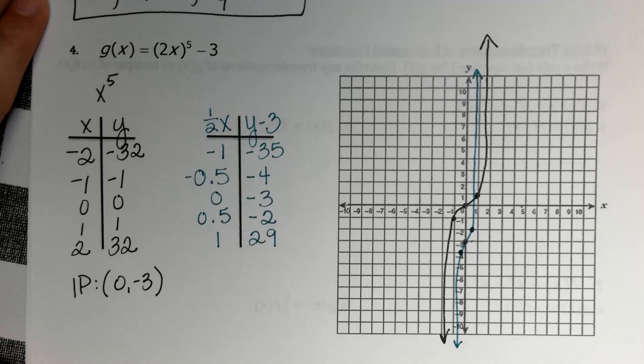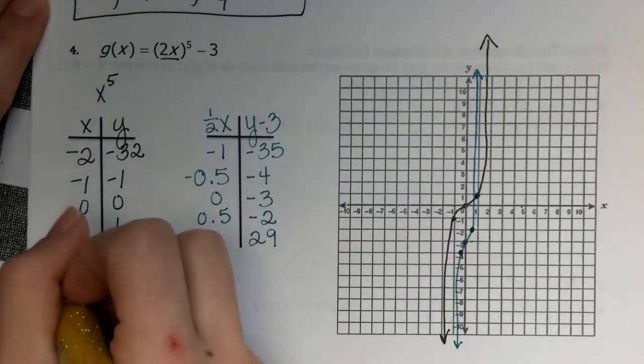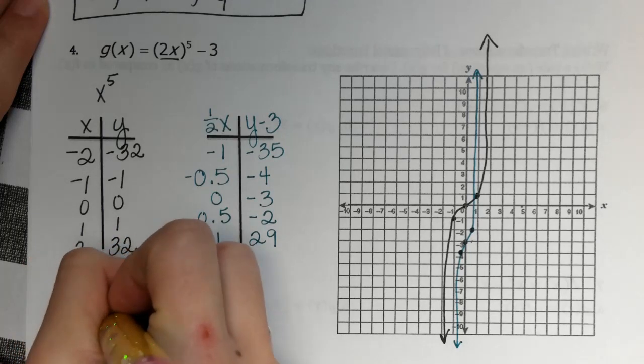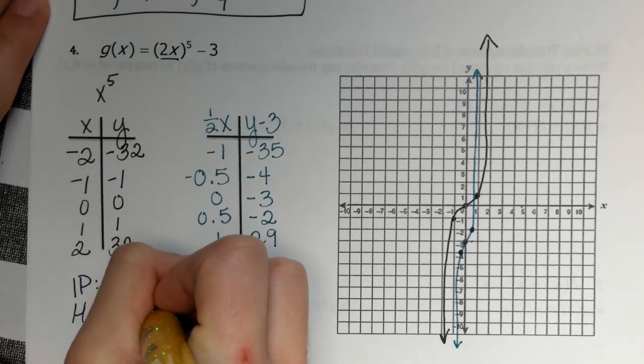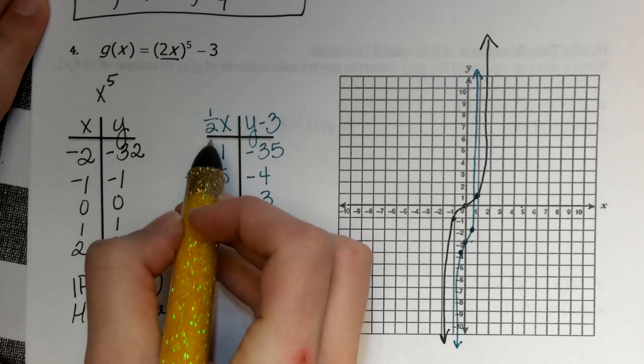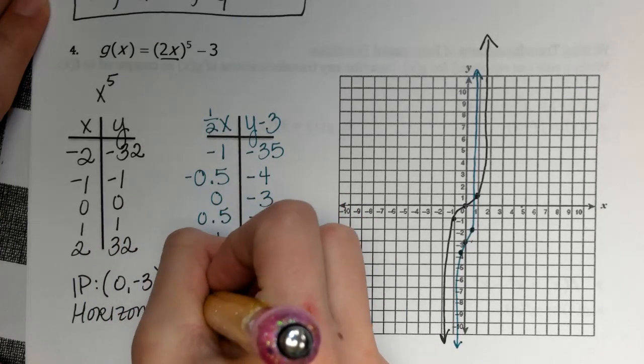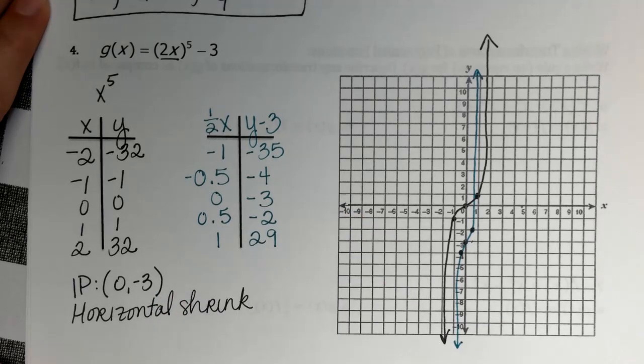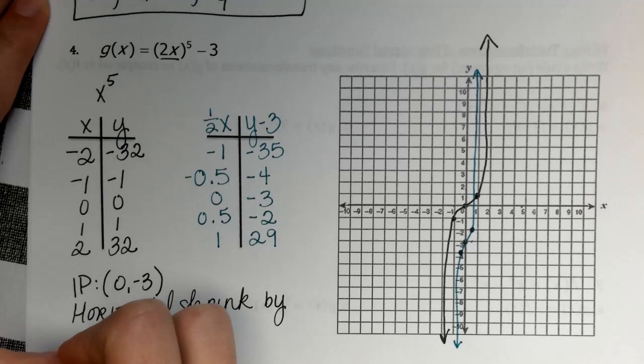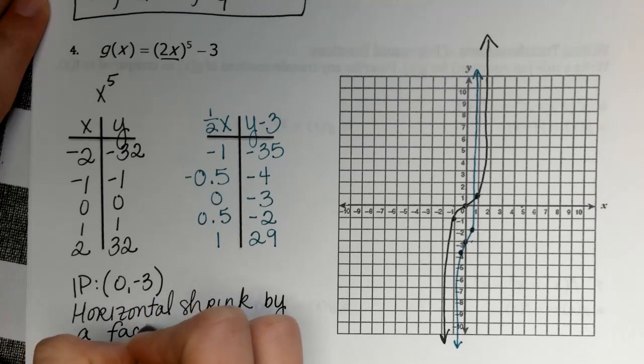Now, with your transformations, it happened to my x. So that is a horizontal. I did a 1/2, so that's a shrink by a factor of 1/2.